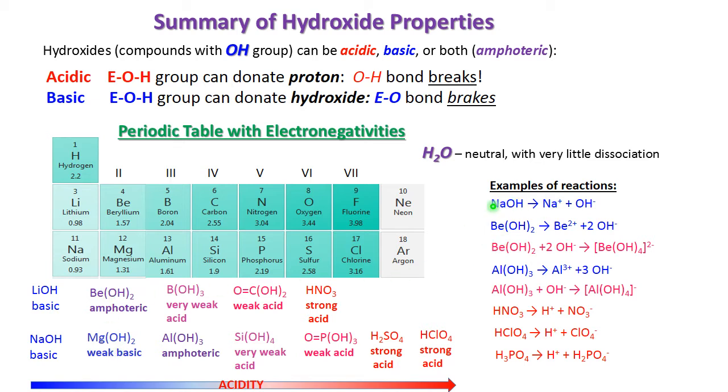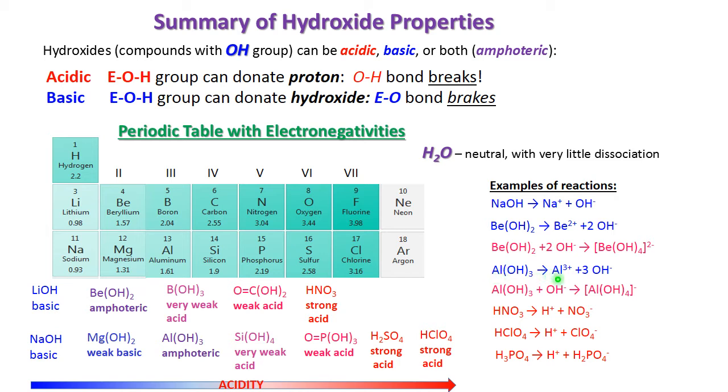Examples of reactions: sodium hydroxide, basic, makes Na plus and OH minus, 100% yield. Beryllium hydroxide is very little soluble, but it can give Be2 plus ions and 2 hydroxides. On the other hand, beryllium hydroxide can react with 2 more hydroxides to make tetrahydroxoberylate, so it's a complex ion, similar to what we have seen with aluminum.